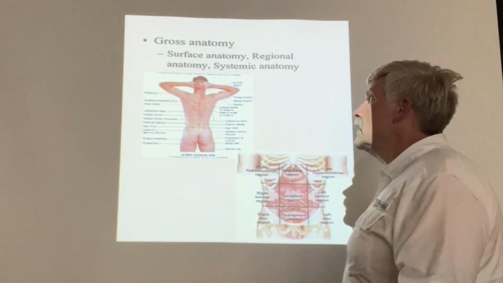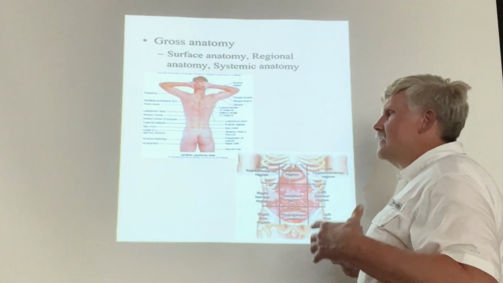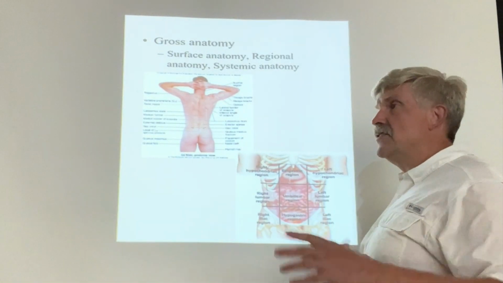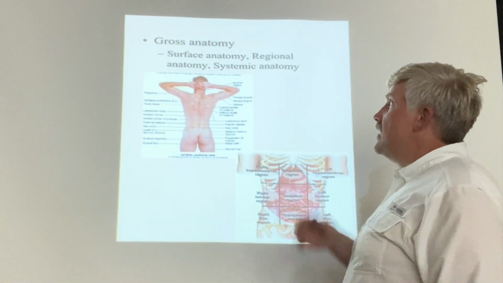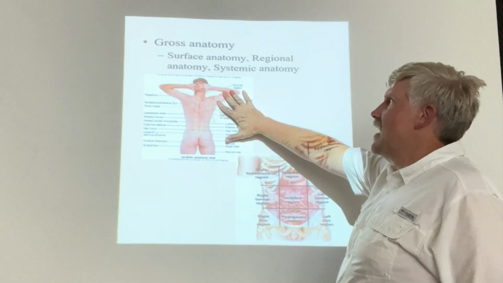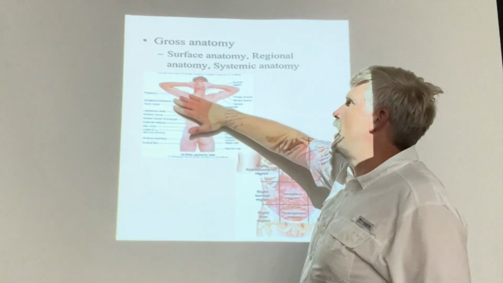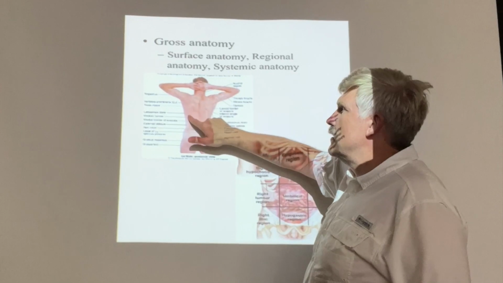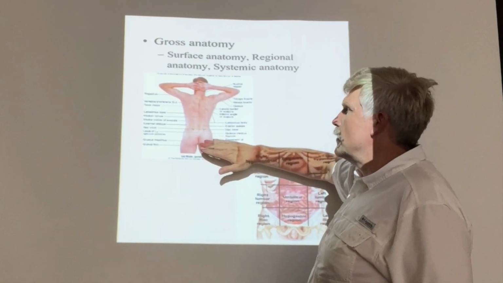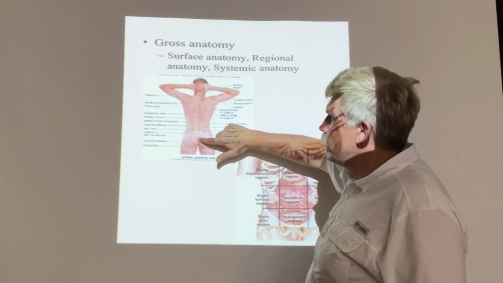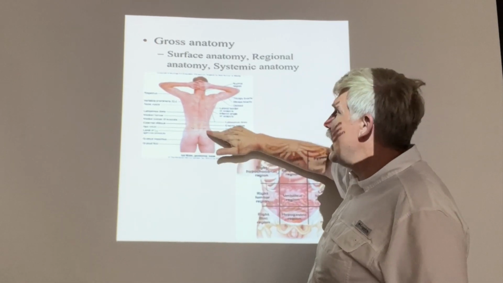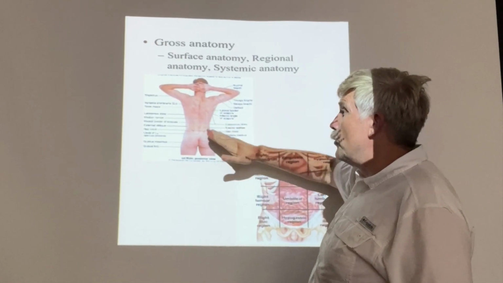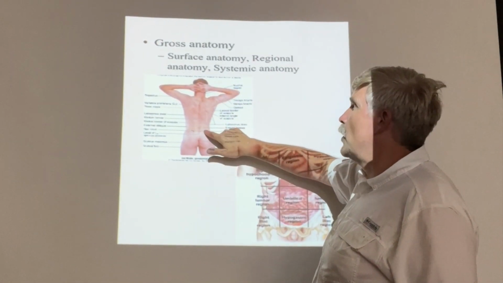Now, when we think about gross anatomy, this is something that we don't need instruments to help us see. And so we have things like surface anatomy, where we look at the surface of the body and we can find individual regions, and we can actually see maybe perhaps grooves or clefts. We might be able to push on it and actually feel bones.